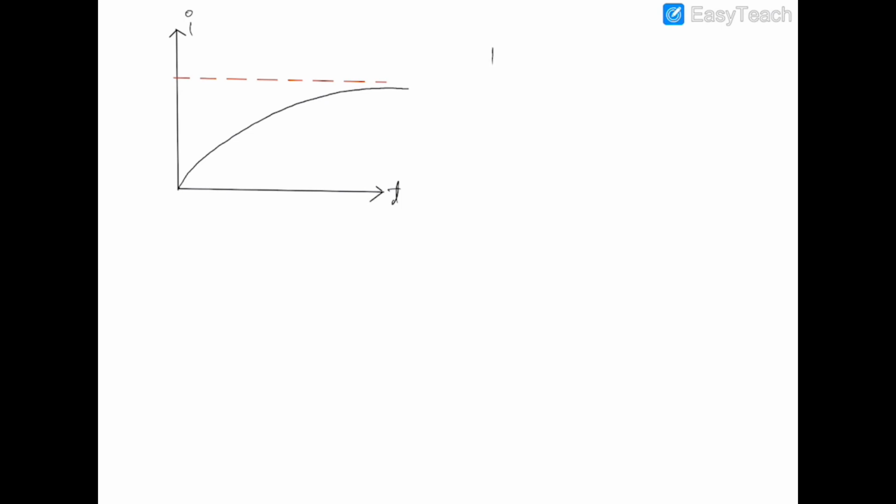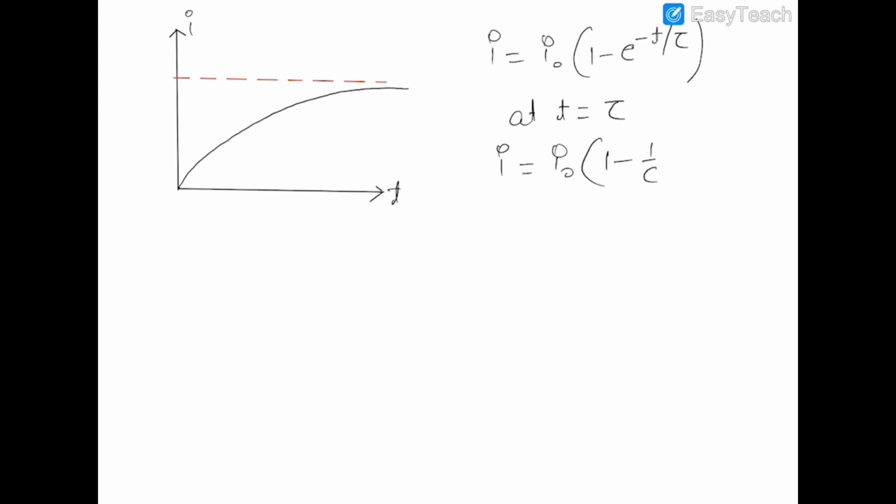Now we know that I is equal to I naught into 1 minus e to the power minus t upon tau. Now let us see that at t is equal to tau, I is equal to I naught into 1 minus 1 upon e, and let me tell you that the value of e is 2.718, and 1 upon e is equal to 0.367, and hence I is equal to I naught into 0.633.